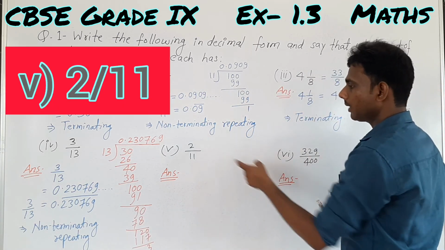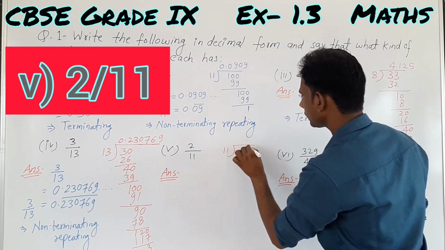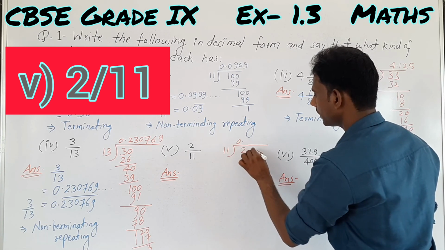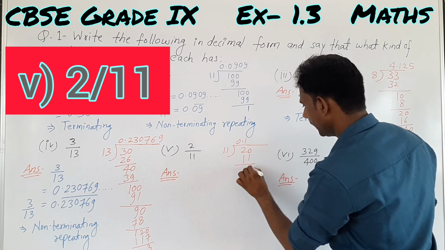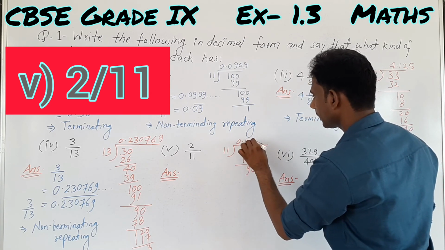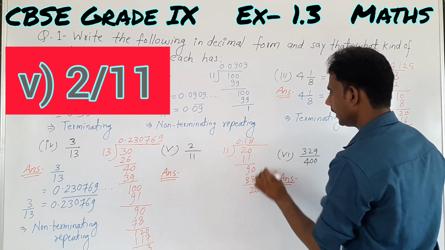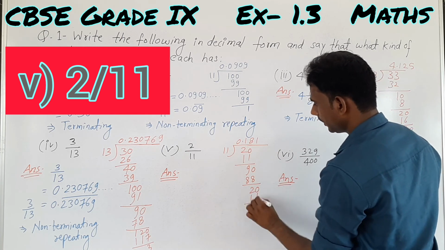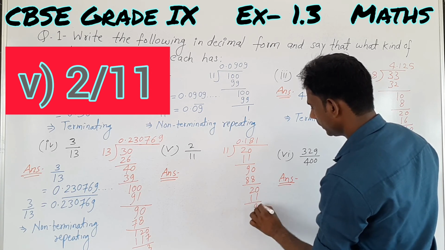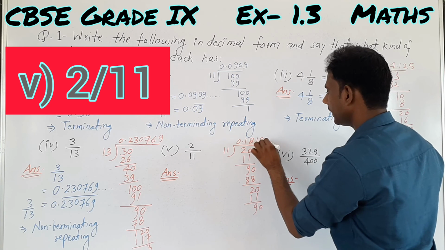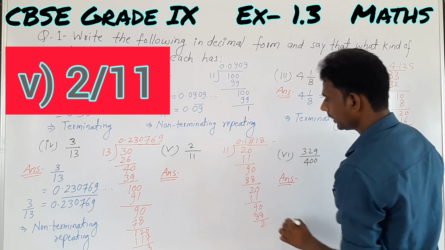Fifth part, 2 upon 11. 2 upon 11 means 2 divided by 11. Divide: 0.0. 11 ones are 11. Remainder is 9, 90. 11 eights are 88, remainder is 2. Again 11 ones are 11, remainder is 9. Again you get 11 eights are 88 dot dot dot, remainder is 2.